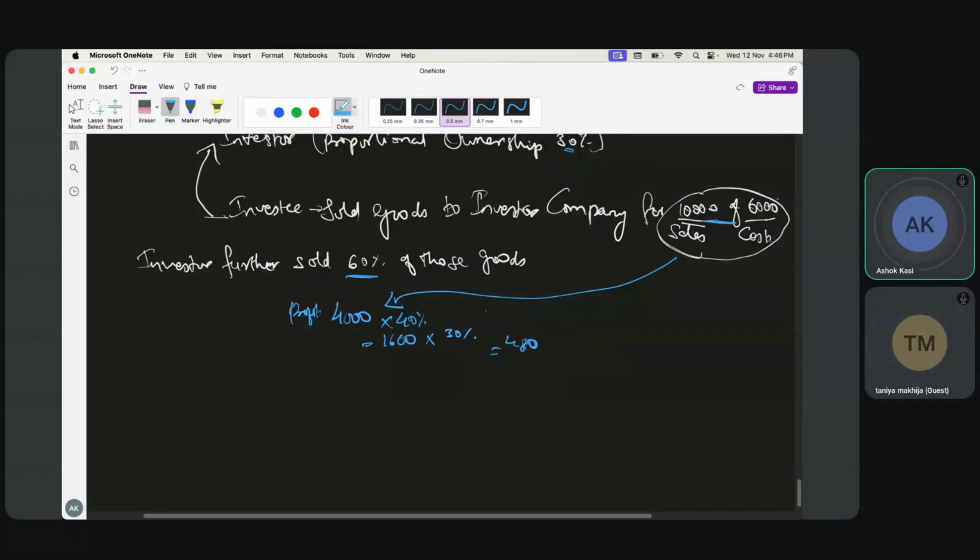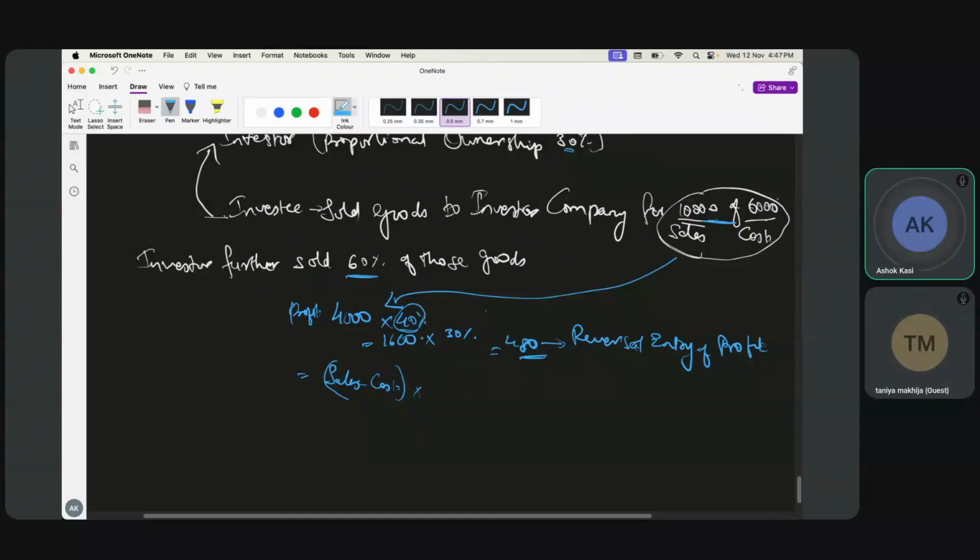Reversal entry of profit. So the investee will reverse. Reversal entry of profit, how much? 480. If I give it like a formula, it will be sales minus cost into unconfirmed, into proportional percentage.